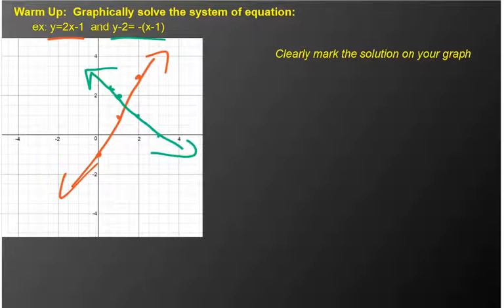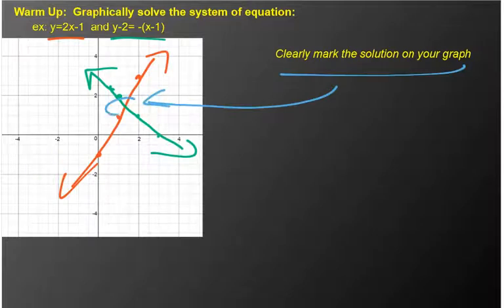And this is a good example. The solution is, like I said, the intersection. So if I was going to mark it, basically there, that's the answer. This point right in here solves both of those equations at the same time, so it solves the system of them.